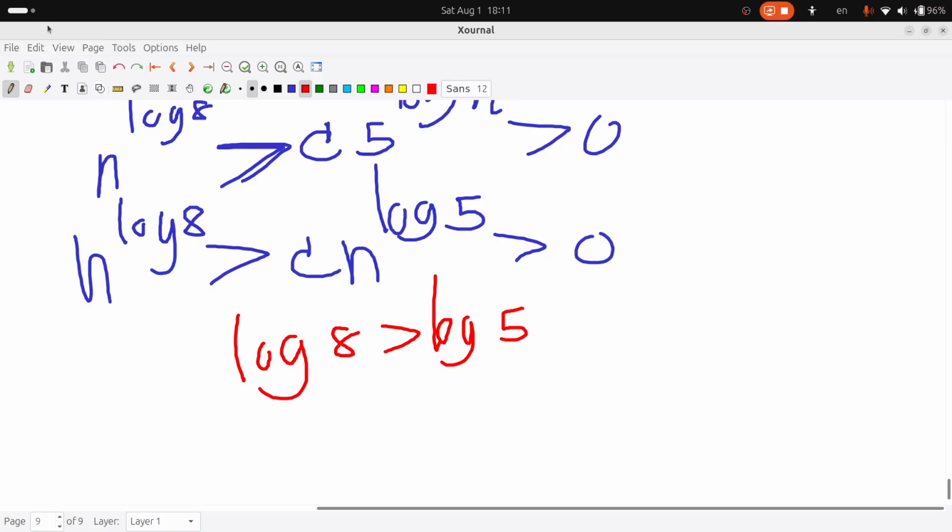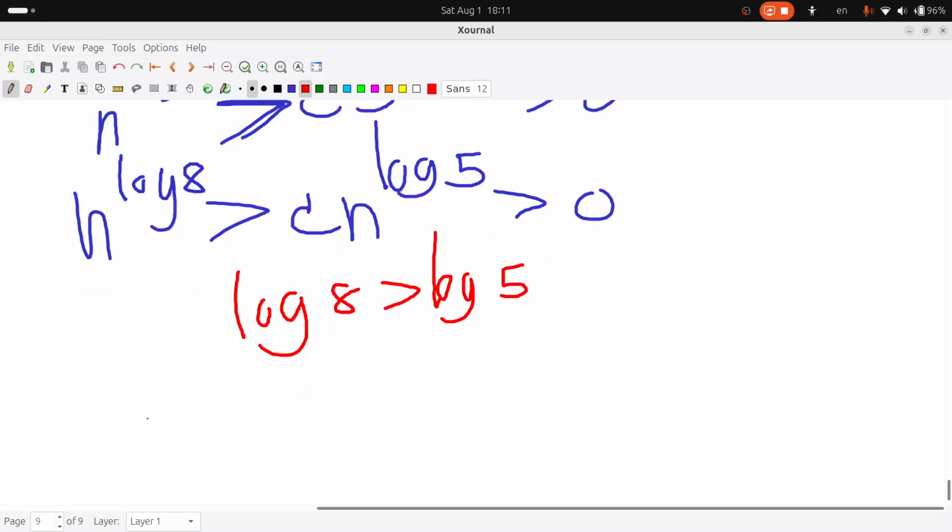We will try to specify, we will write in a form such that n is left alone. Again, n should be alone, no constants involved.